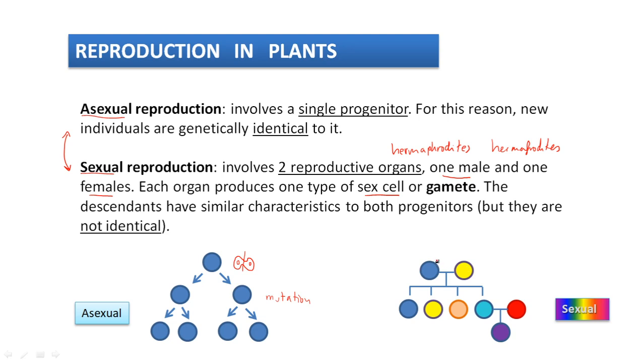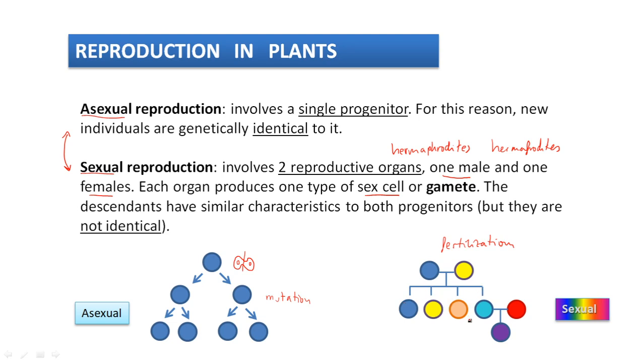So this is the male organism, and this is the female organism. They produce sex cells that, when they join together, it's called fertilization, and it produces different organisms.